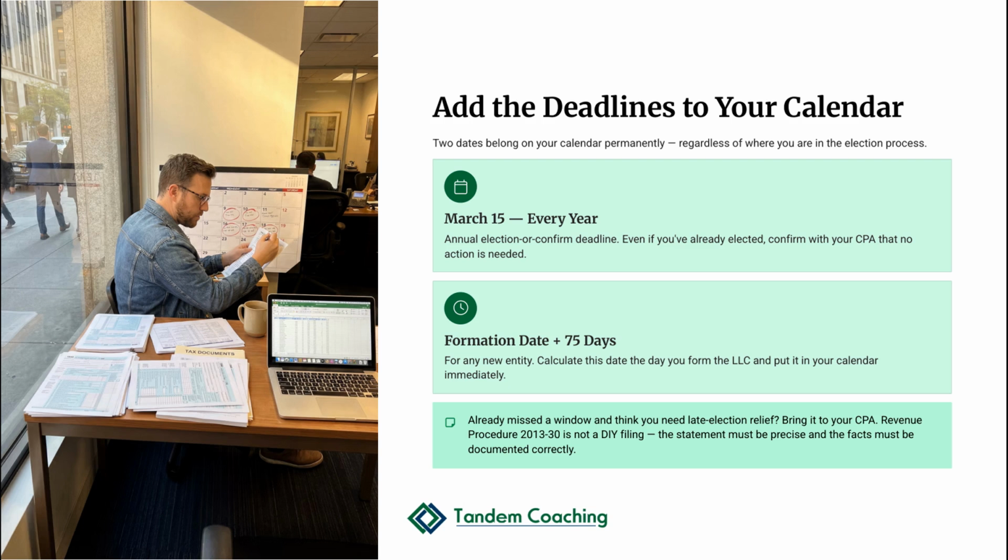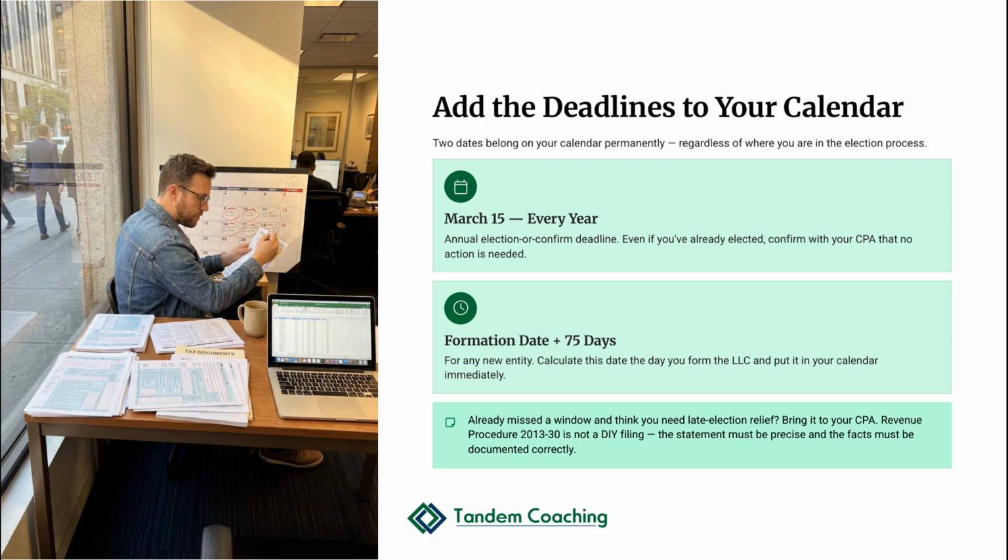2 deadlines belong on your calendar for any LLC where S-Corp election is on the table, and a closing note covers what to do if a window has already passed. March 15th, the annual deadline to either elect S-Corp for the current tax year or confirm the existing election remains in place. For a new entity, formation date plus 75 days. That second date varies with each new entity, but the structural deadline is consistent. Add both to your annual maintenance calendar with 2-week prior reminders.